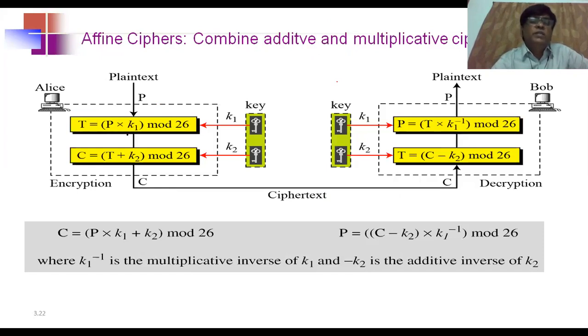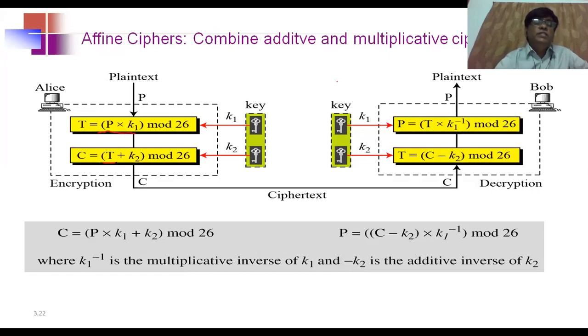For that purpose, we should use two key values. For the multiplication, use one key value, and for the addition, use another key. For example, take the plain text and multiply it with some k1, that is t.